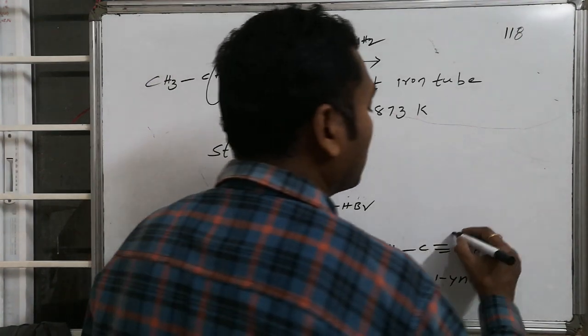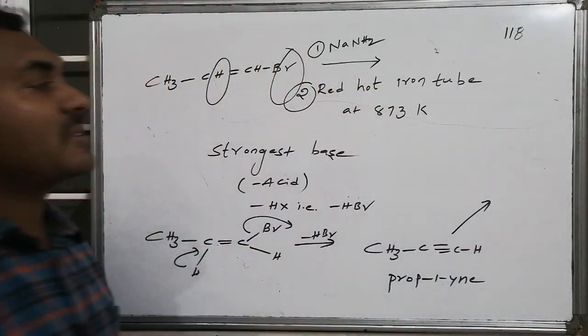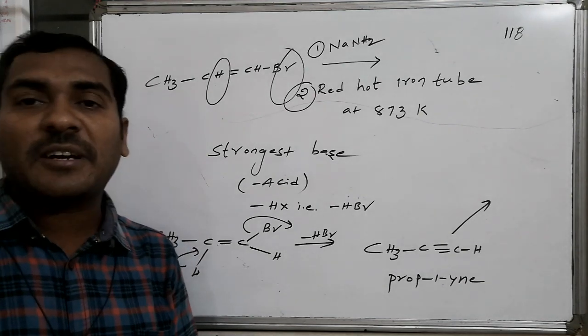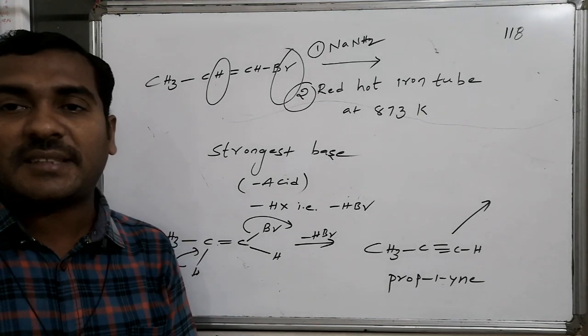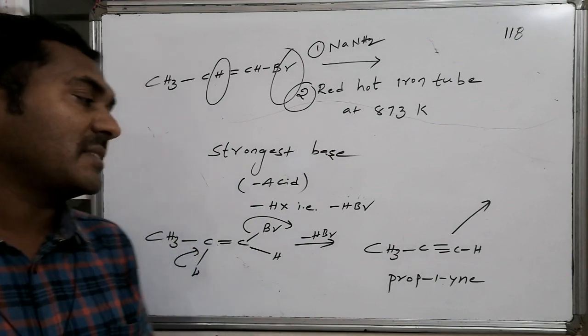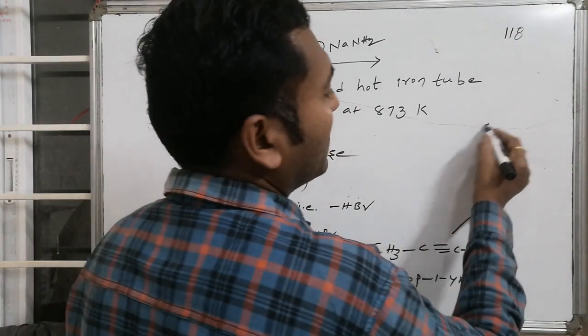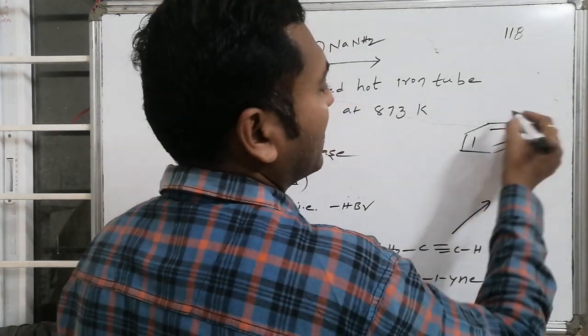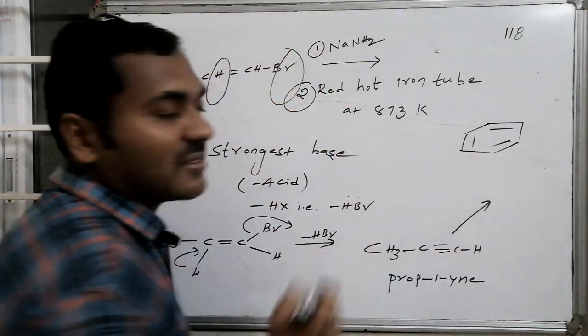This propyne on reaction with red hot iron tubes undergoes polymerization. The degree of polymerization here is 3, that is trimerization takes place. As a result of trimerization, it results in a very symmetrical structure. Let us see, this is one unit, second unit, third unit.